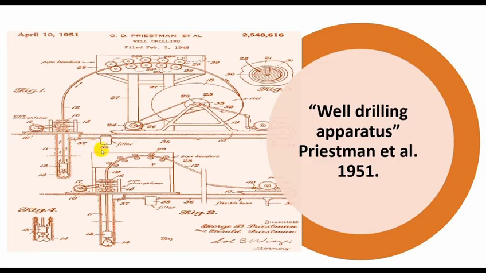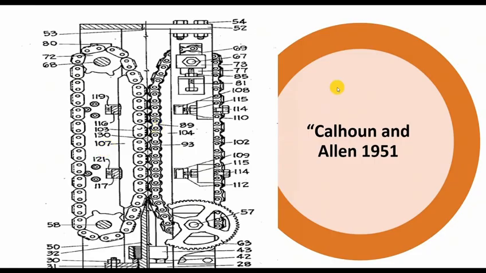So this led us to the second invention, which was made by Calhoun and Allen in 1951. In 1951, they invented the closest thing to the currently known injector.